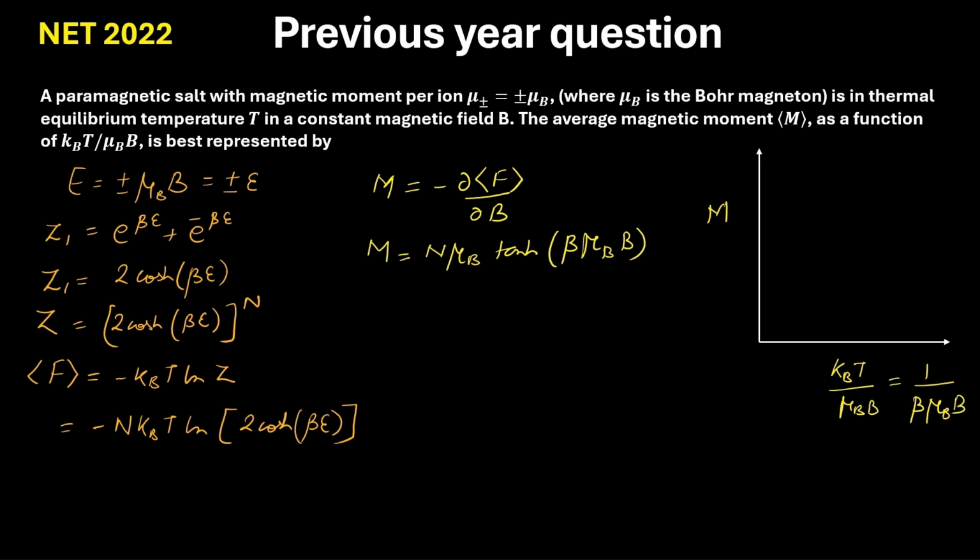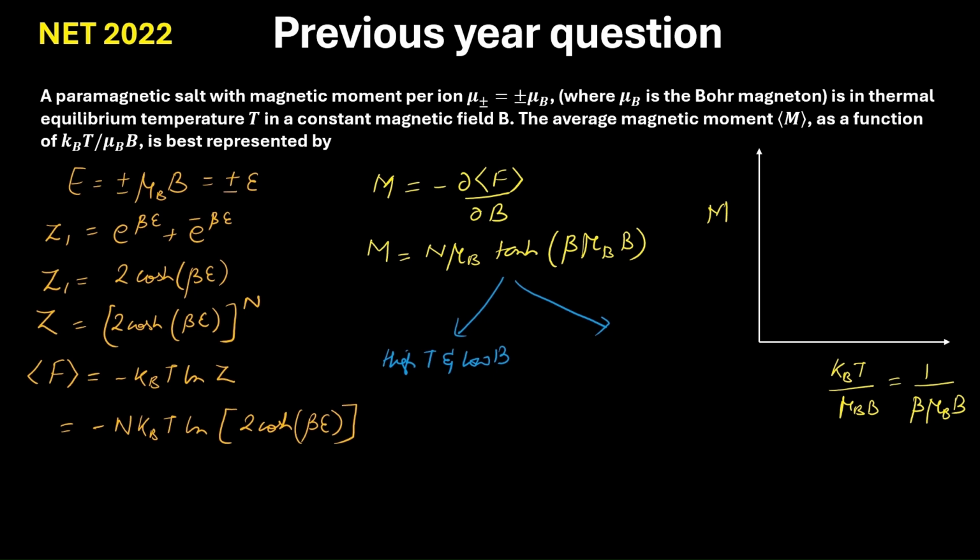Now to plot this, we will try to see the two extreme limits of the variable on the x-axis. First, I will take high temperature and low magnetic field, which means the higher value of the x-axis.